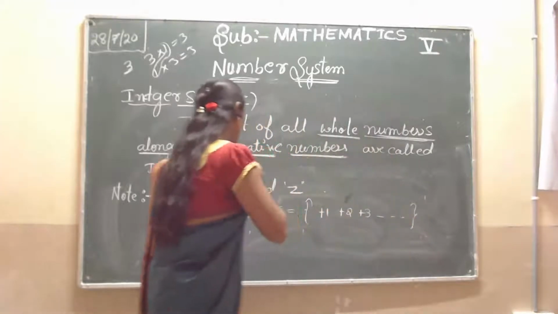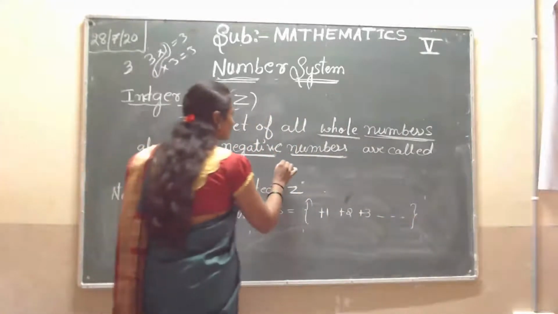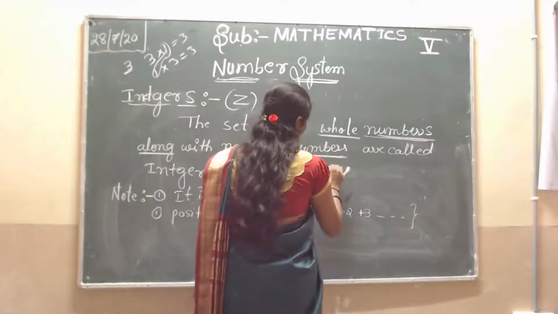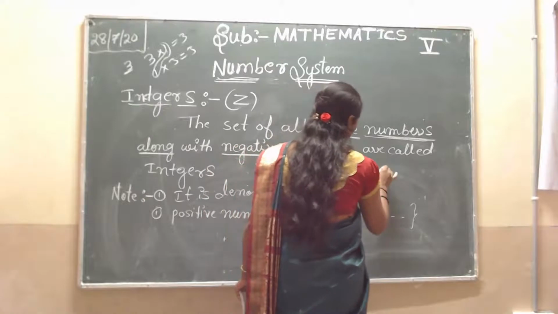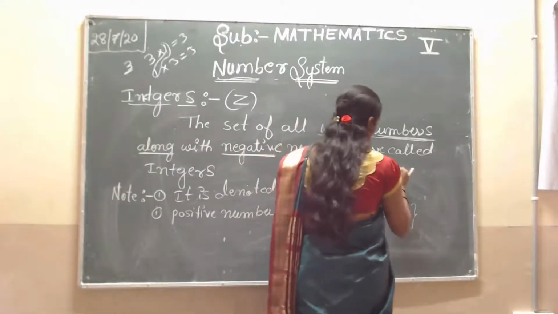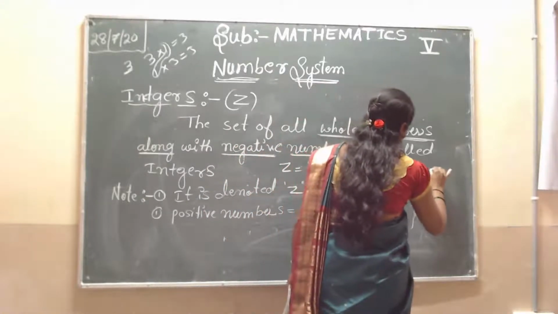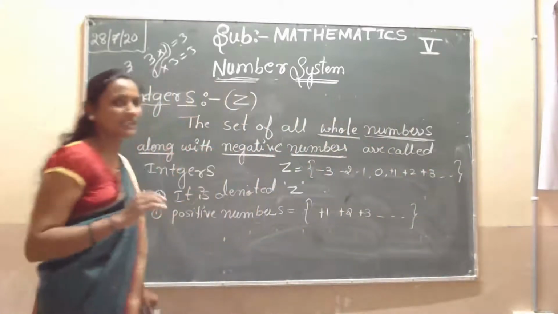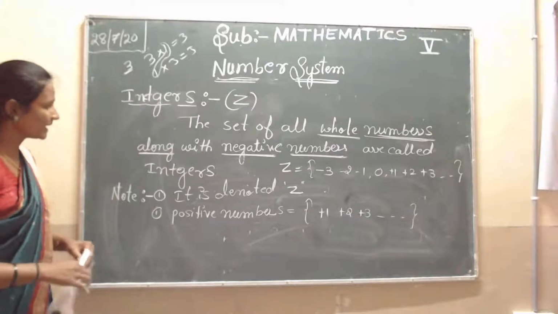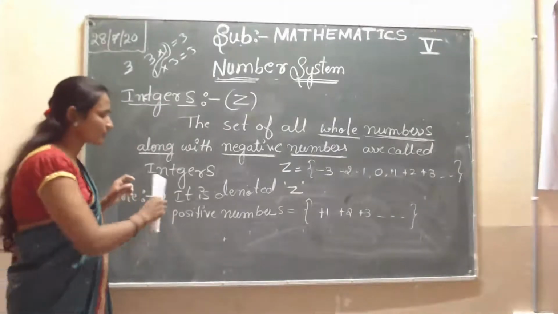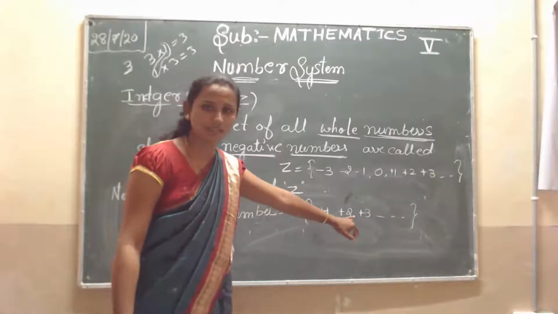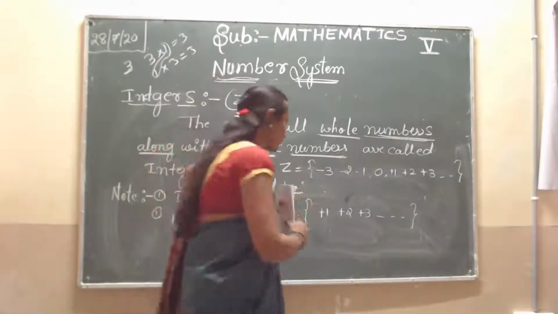An example of integers is: ..., -2, -1, 0, +1, +2, +3, and so on. That is an example of the integers, denoted by Z. Positive integers are +1, +2, +3, +4, and so on.